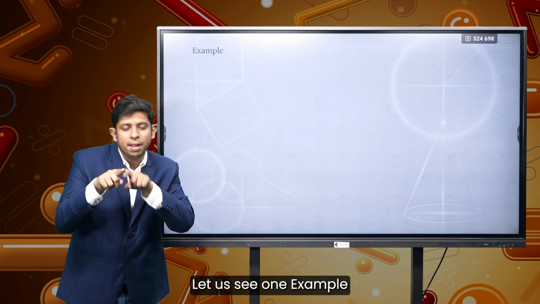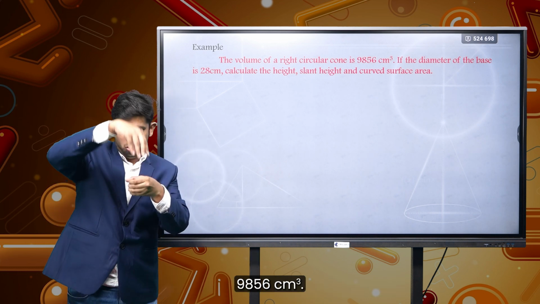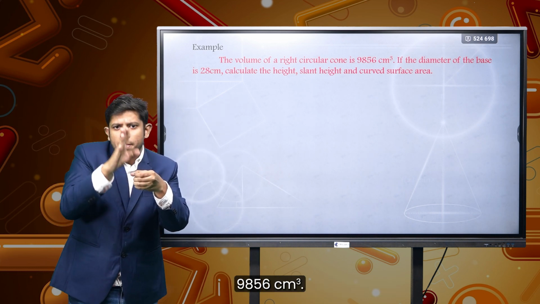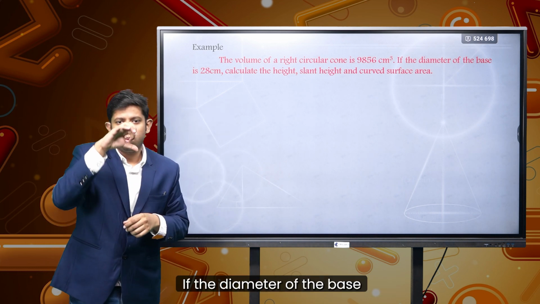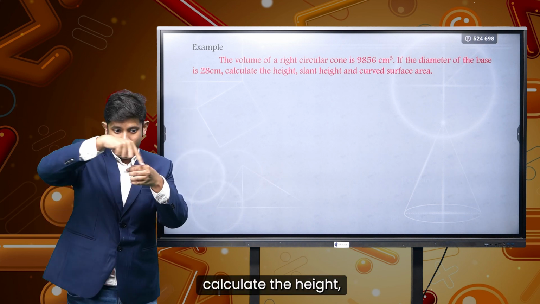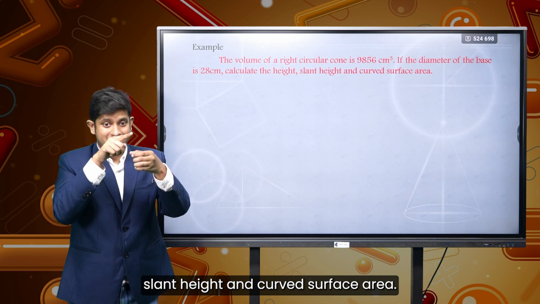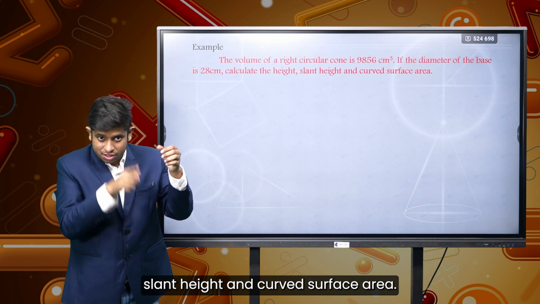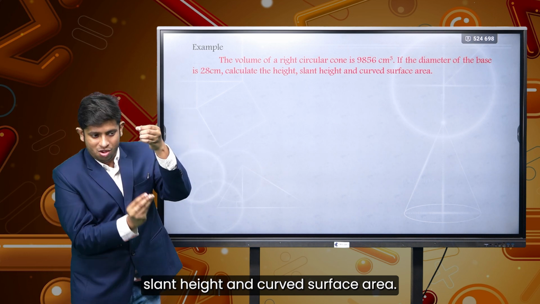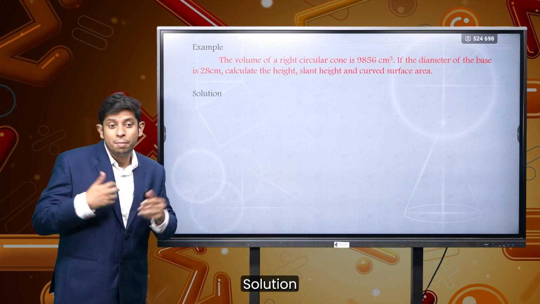Let us see one example. The volume of a right circular cone is 9856 cm3. If the diameter of the base is 28 cm, calculate the height, slant height and curved surface area. Solution.